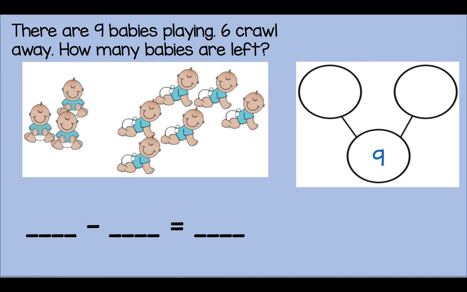So then it says 6 crawl away. So I'm going to X out those 6 that are crawling away, and that's going to be my takeaway part. 1, 2, 3, 4, 5, 6. All right. So we crossed out those 6.